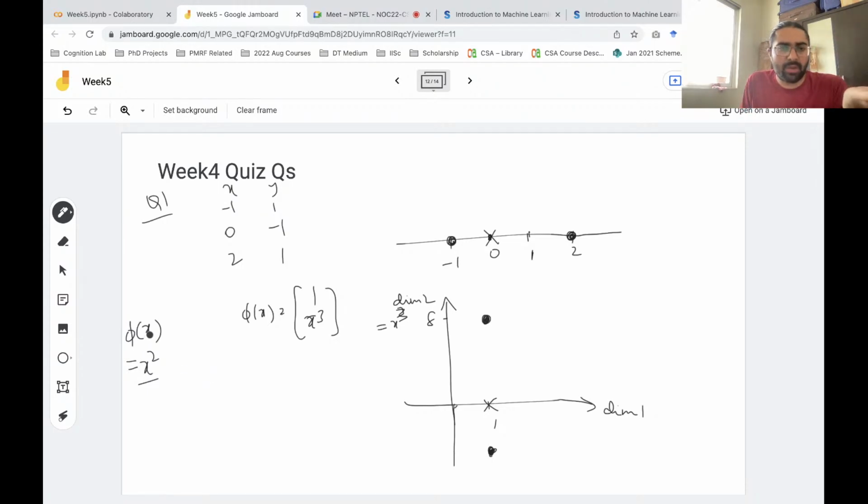Phi of x now becomes just a feature engineering feature vector. Now I think it should be separable, because 0 squared is 0, 1 squared is 1, which is this, and -1 squared is 1, which comes here, and 2 squared is 4. And therefore now I can find a point something here which says that we have two classes. That's one way of doing it.